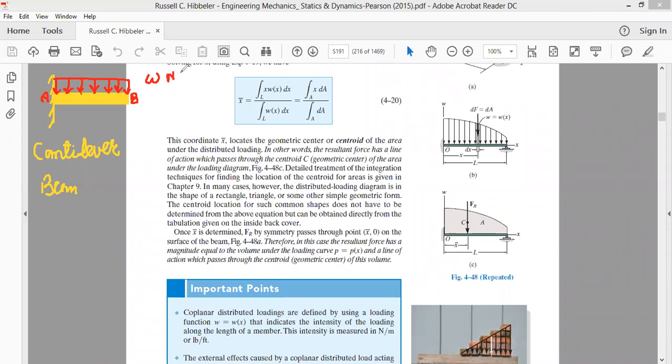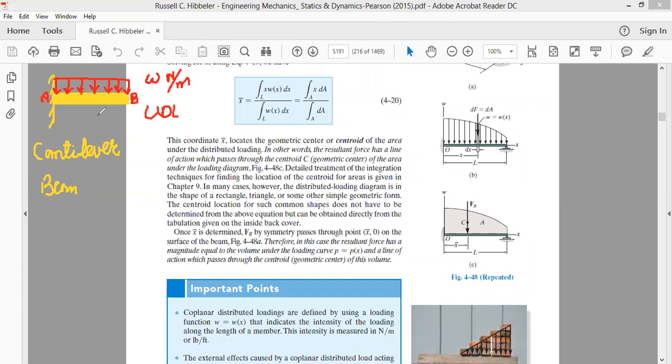We write this as W Newton per meter. That means if you are here, the intensity of the load per unit length is W. If you are here, it's W. At every point of this beam the intensity is constant. We say that the beam is UDL, uniformly distributed load.